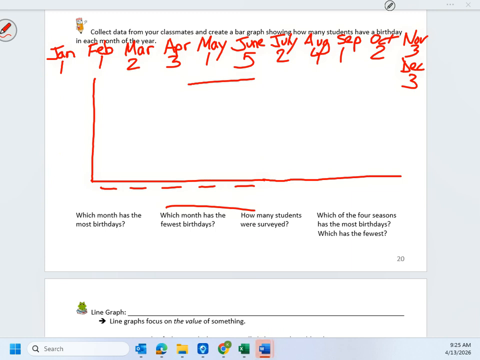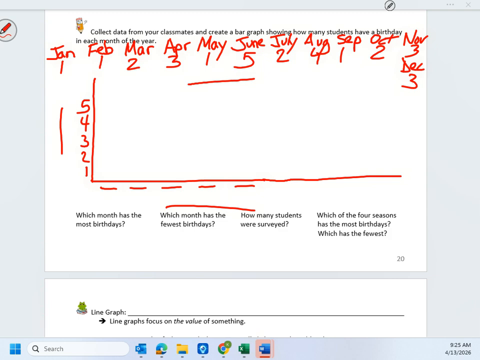Our highest number is 5. So you could number it. You don't have to skip count for this one. You need to give it a label, and you need to create your bars. Any questions on creating that bar graph?